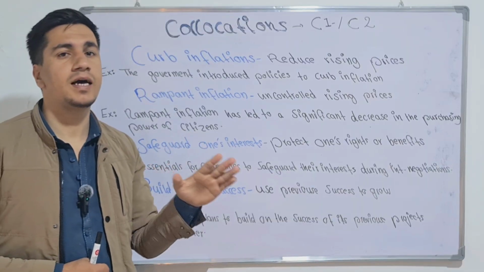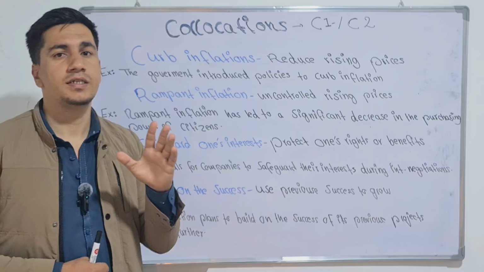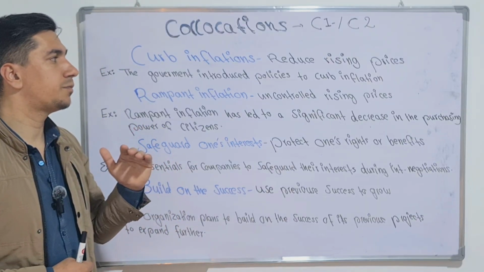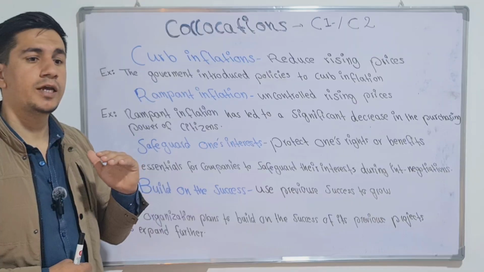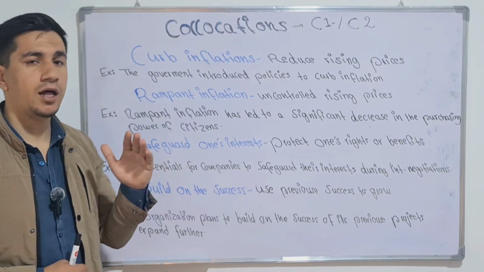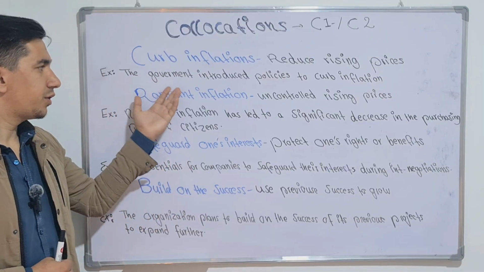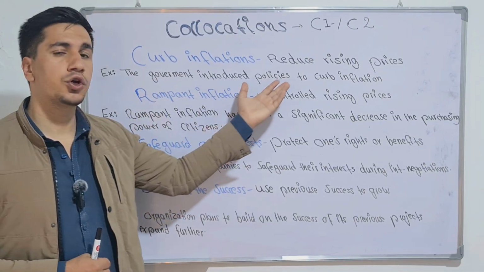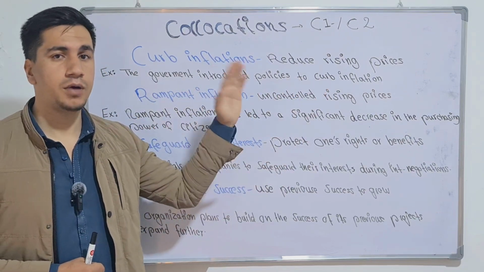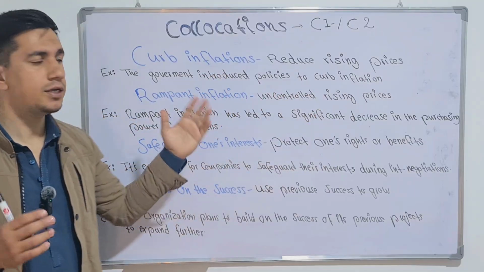It stabilizes, or we can say it keeps a balance, stabilization, right? Don't want the price to get increased, right? So they like to have balanced stabilization, simple and easy. We have an example. The government introduced policies to curb inflation. The government introduced their policies to curb inflation, simple and easy, right?